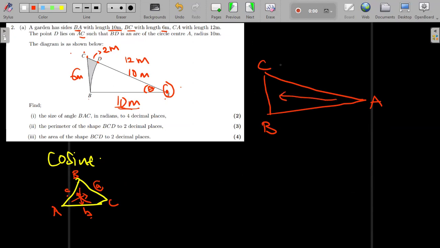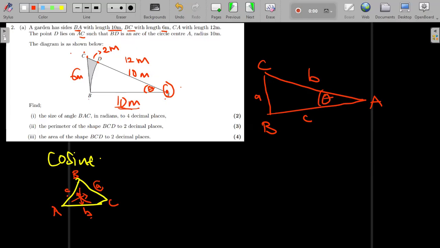The opposite side of angle B is side B, represented by a small letter b. Then the opposite side of C is represented by a small letter c.